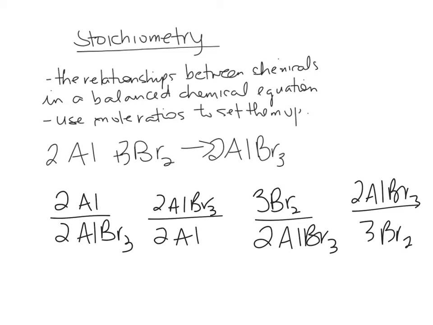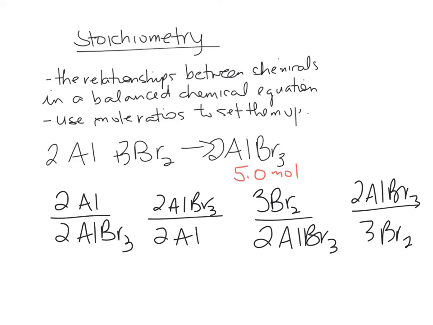So, if I make 5 moles of aluminum bromide, how much aluminum do I need? How many moles of aluminum will I need?